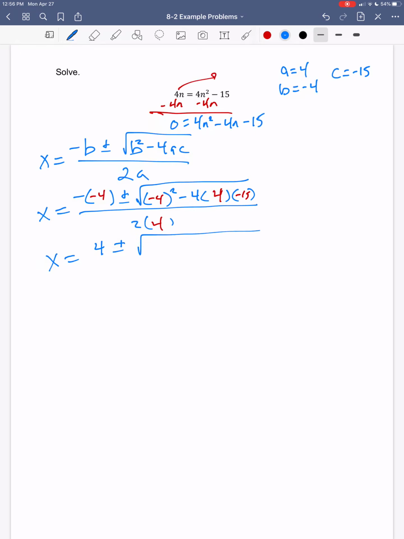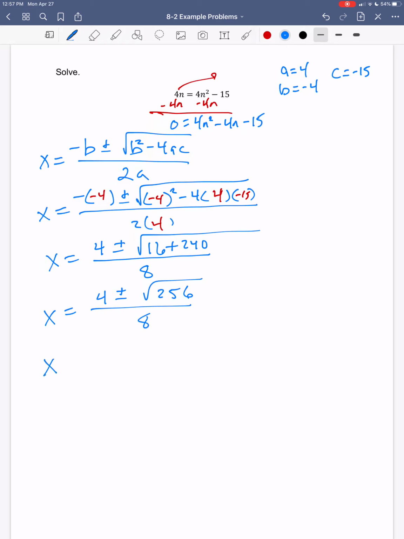A negative squared is positive. Here, let's see. 4 times 4 times 15. Well, I know 4 times 15 is 60, so that would be negative 60 times a negative 4 is positive 240. 2 times 4 is 8. So I get 4 plus or minus the square root of 256 all over 8.